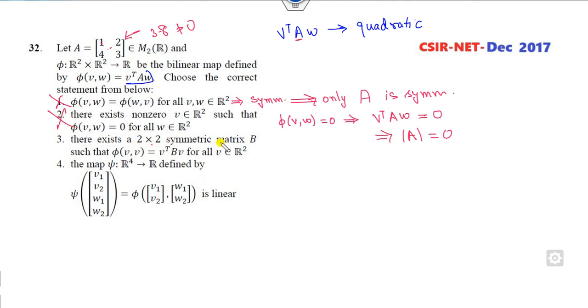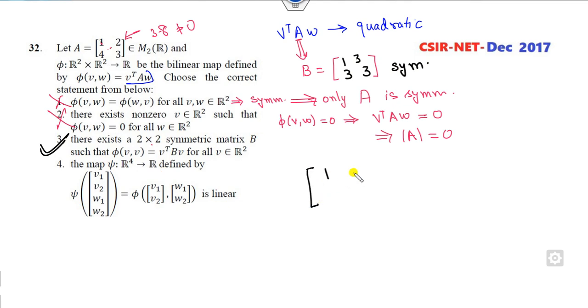Now there exists a 2 cross 2 matrix, so that you can transform this matrix to the B, which is symmetric. Can you construct that? Yes, you can always construct. How? You can preserve the diagonals, and for the xy, take the average of this. 4 plus 2 is 6, so 3. Now you can see it's symmetric, it's a correct option.